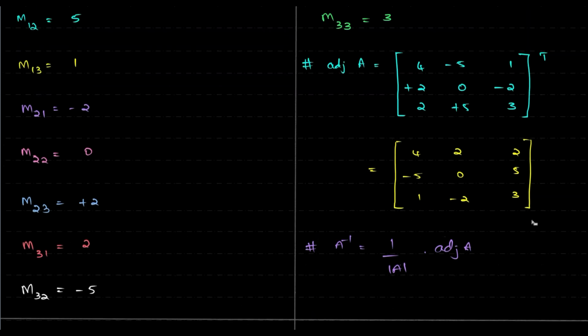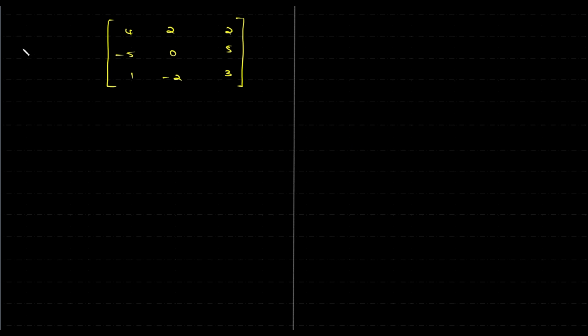There is nothing common, so we'll just keep that as it is. And so A inverse is 1 by 10th of this particular matrix. So now we know A inverse.